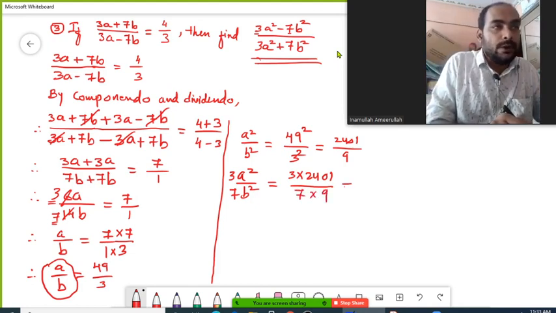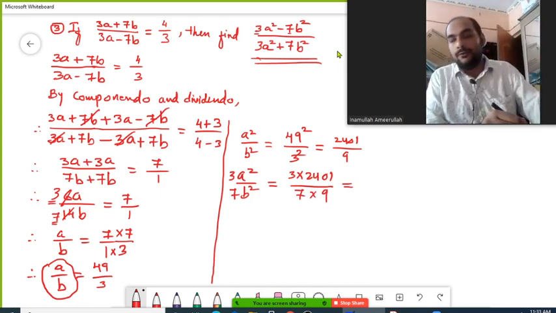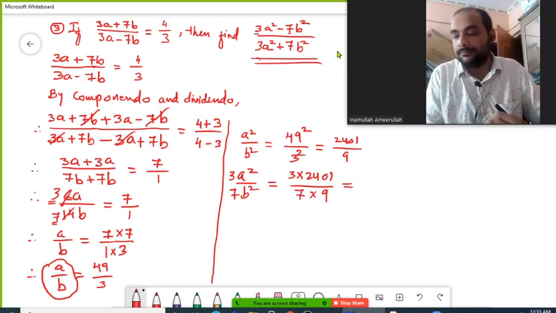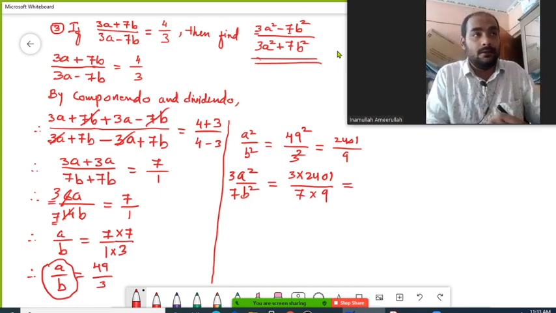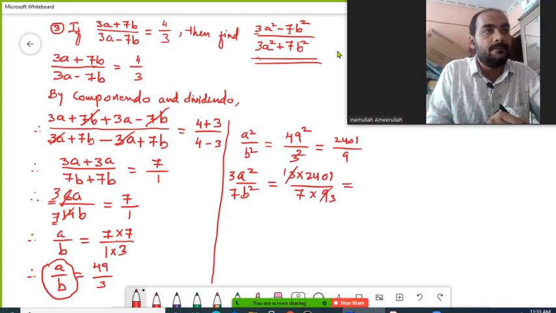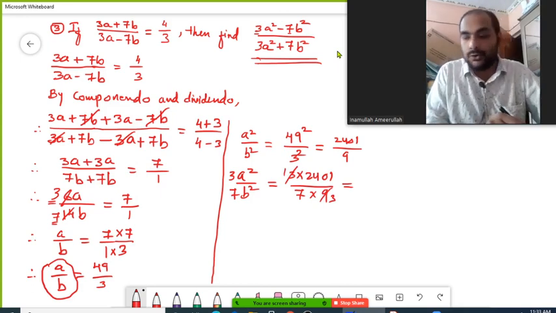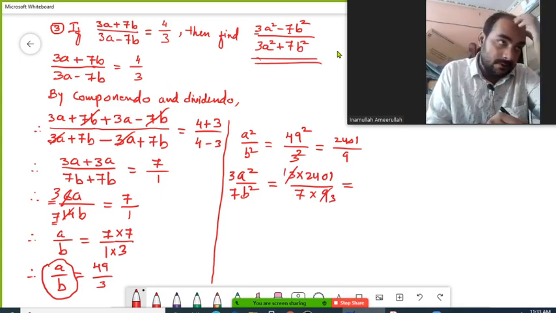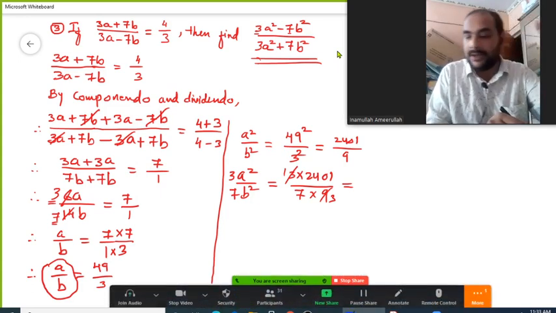So when you multiply 2401 with 3 and 7 with 9, before that we need to check whether we can divide anything here. 3 ones are 3, 3 threes are 9, this can be divided, and this 2401 can be divided by 7.